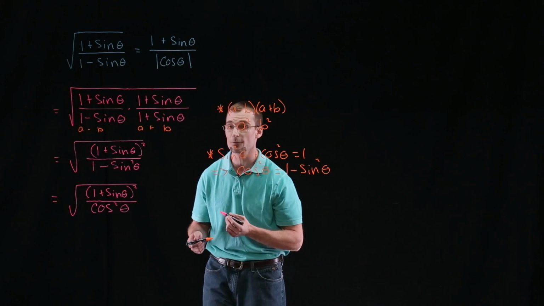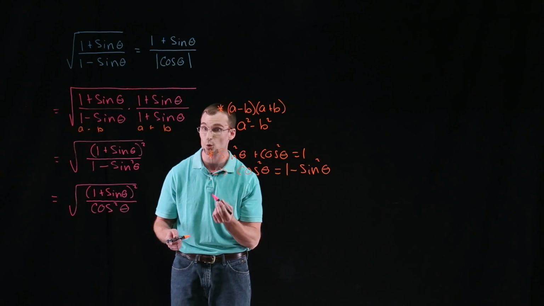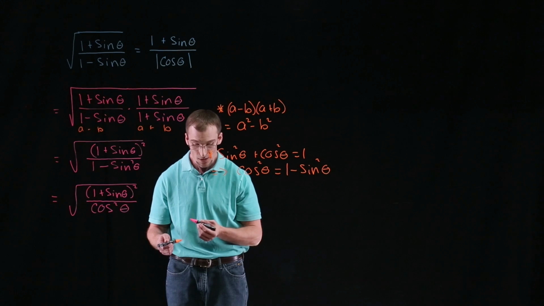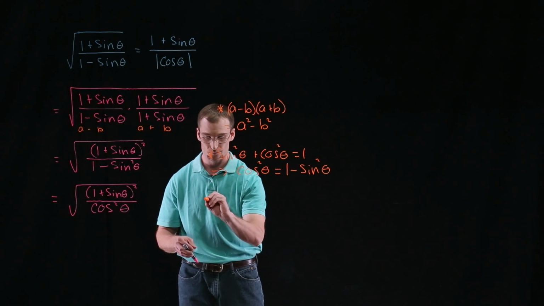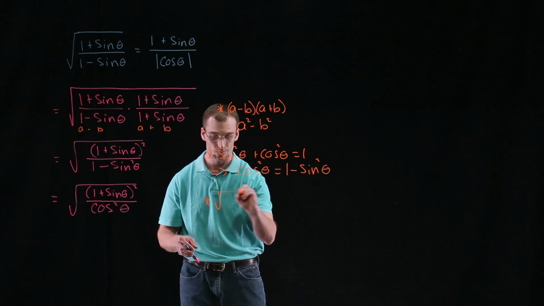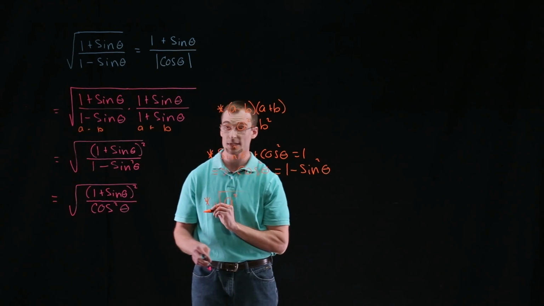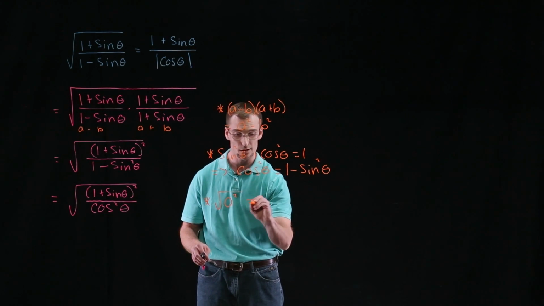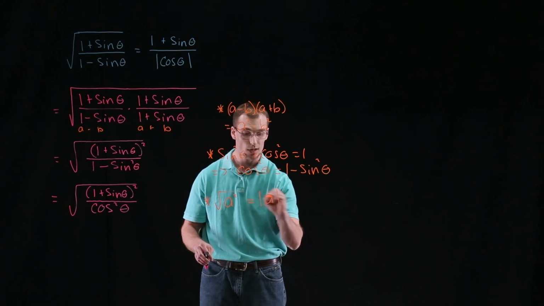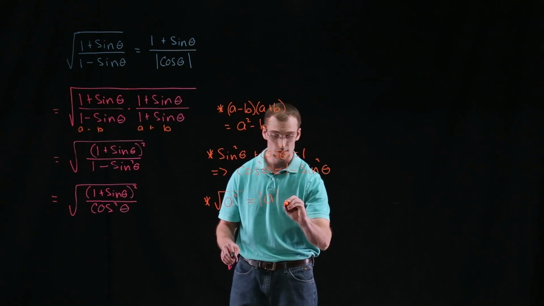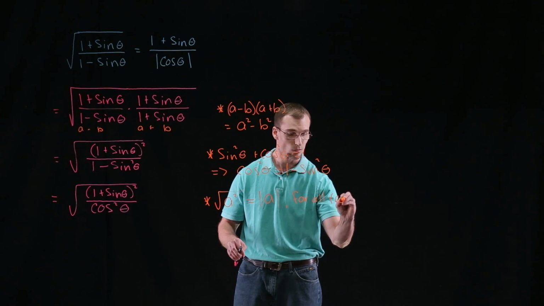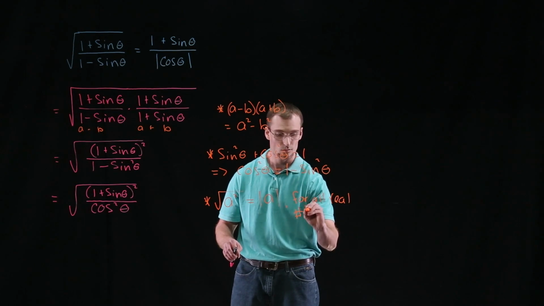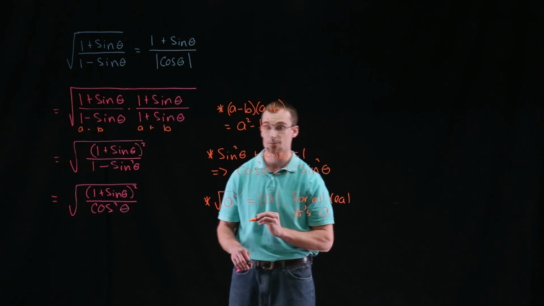Well, there's an important thing from algebra that we have to remember when taking square roots of something squared: the square root of a squared is equal to the absolute value of a, for all real numbers a.